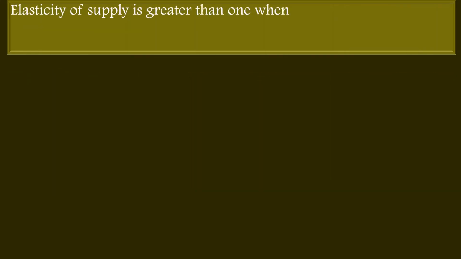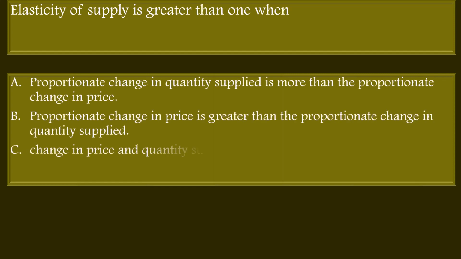Sixth question. Elasticity of supply is greater than 1 when options. A. Proportionate change in quantity supplied is more than the proportionate change in price. B. Proportionate change in price is greater than the proportionate change in quantity supplied.